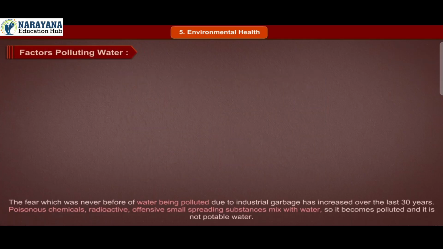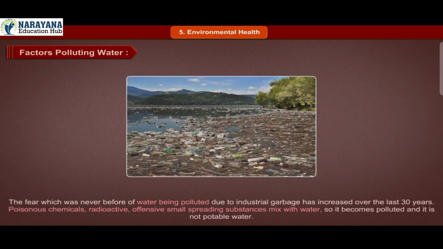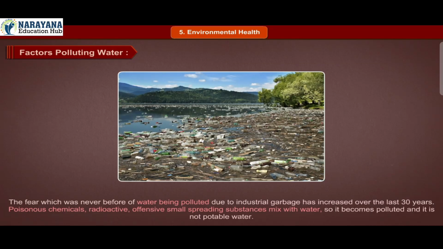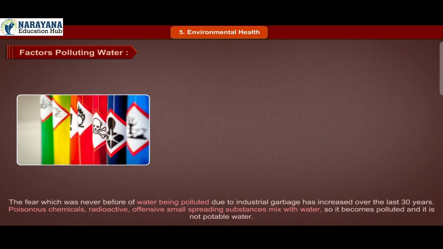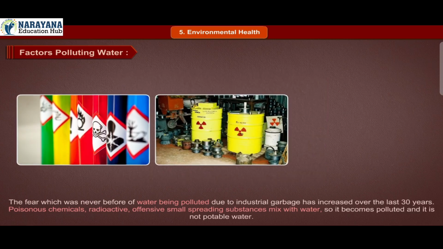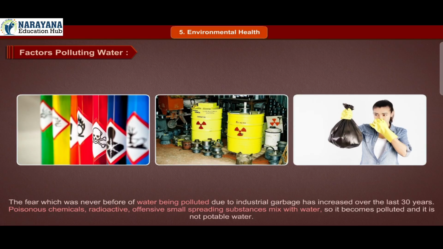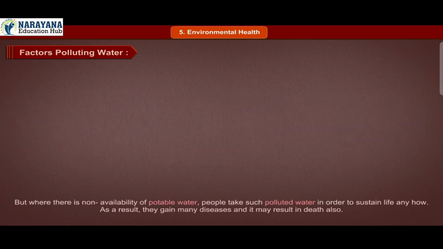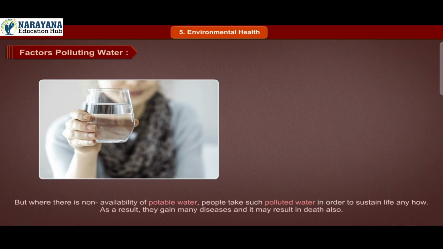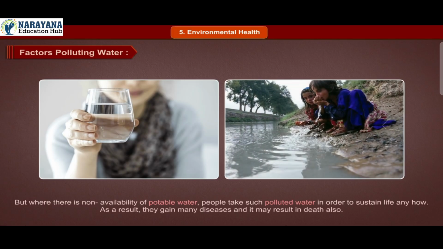Factors polluting water. The fear of water being polluted by industrial garbage, which never existed before, has increased over the last 30 years. Poisonous chemicals, radioactive substances, and foul-smelling substances mix with water, so it becomes polluted and is not potable water. But where potable water is not available, people take such polluted water in order to sustain life anyhow. As a result, they gain many diseases and it may result in death also.